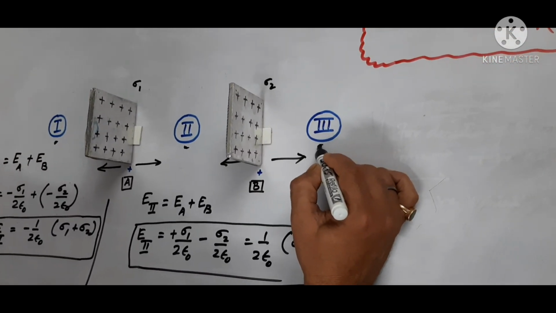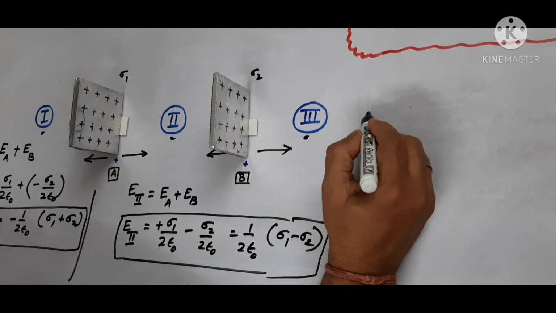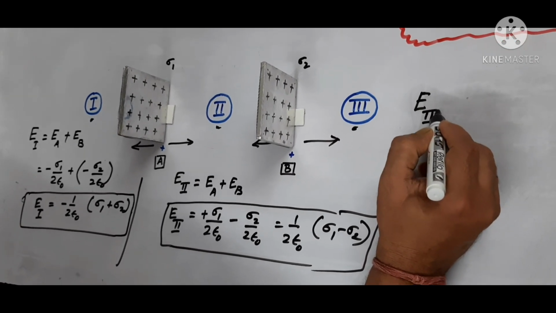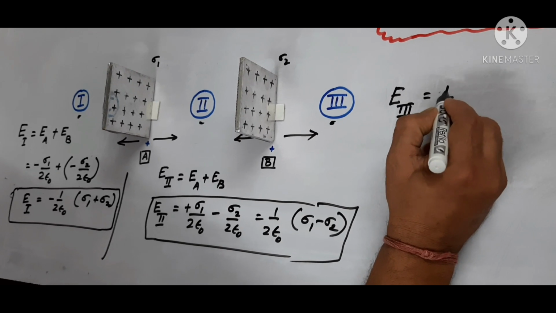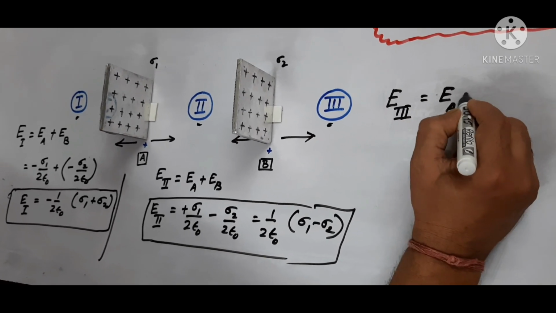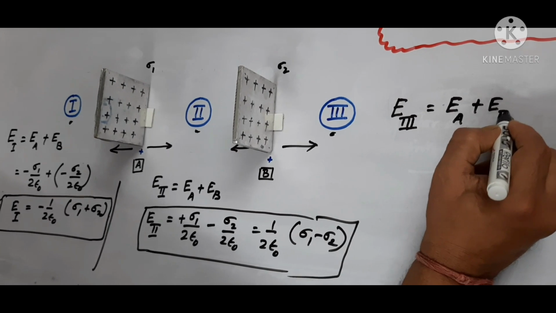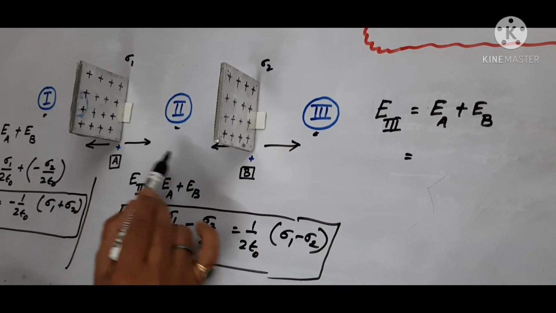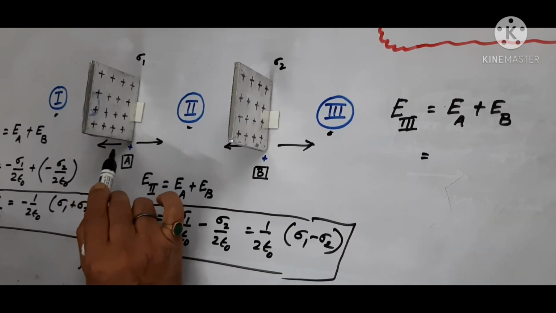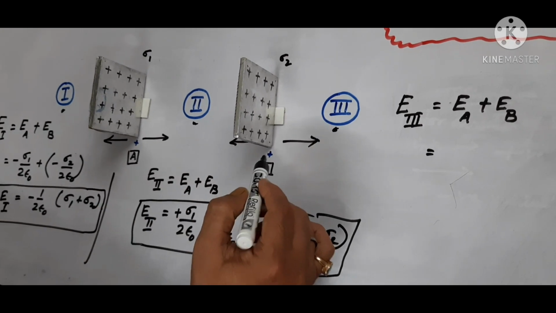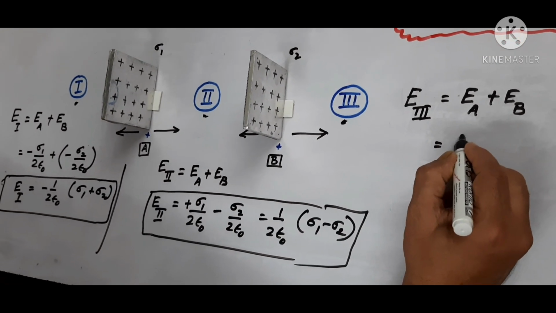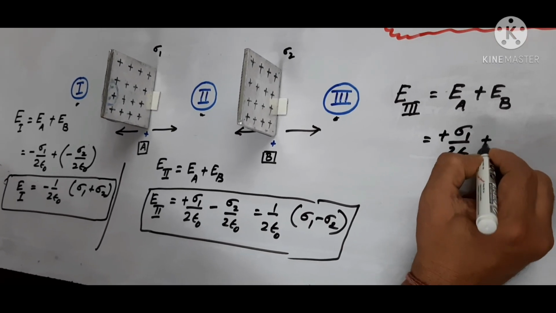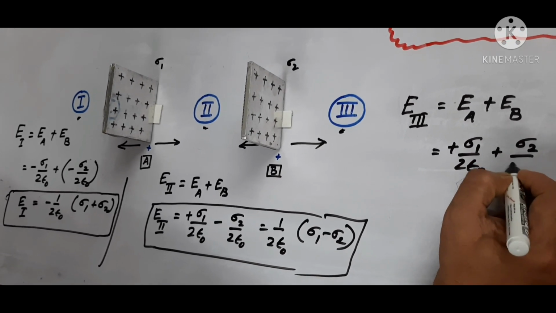Now at region 3, any point is here. The electric field intensity at region 3 is the electric field intensity due to plate A plus that due to plate B. For this particular point, we have to move along the positive x direction for plate A and for plate B. So for plate A it is positive sigma 1 by 2 epsilon naught plus sigma 2 by 2 epsilon naught.